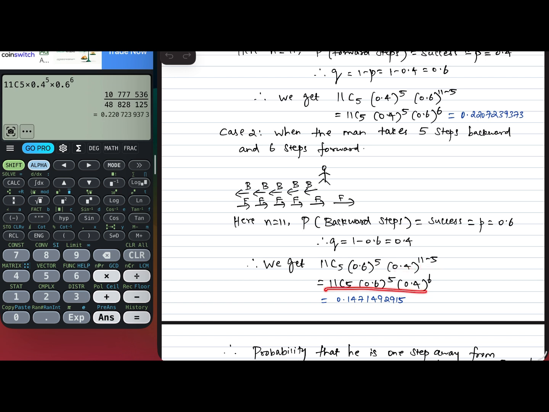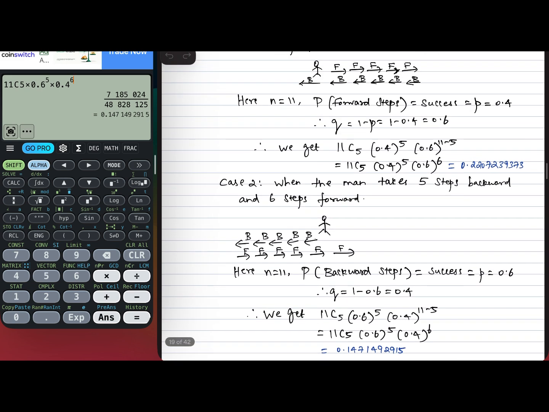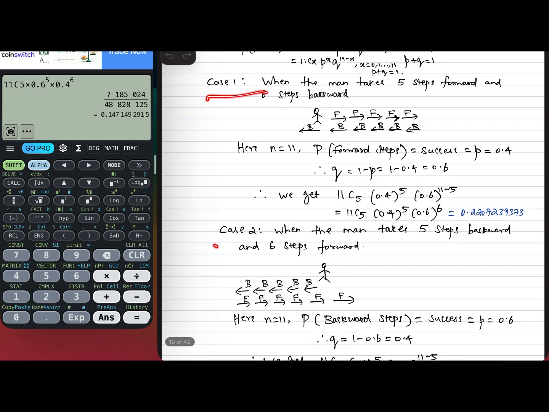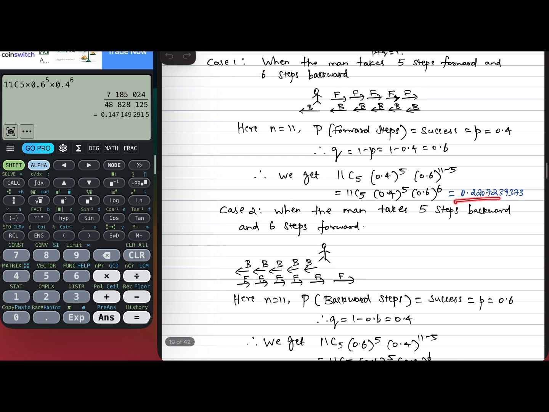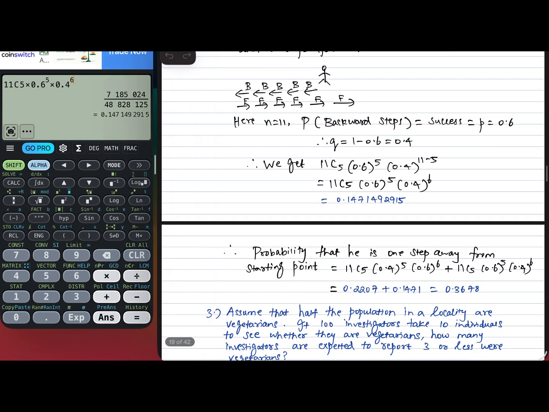Once you compute this, it is 11C5 multiplied by 0.6 power 5 multiplied by 0.4 power 6. So this answer is giving us 0.14714929115.